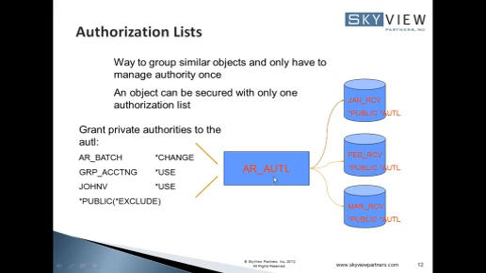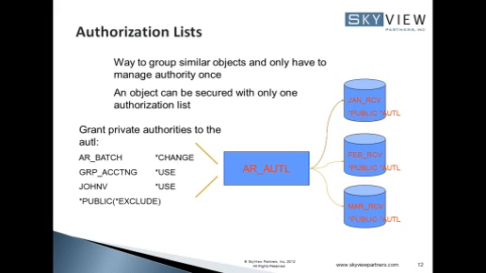So by virtue of having the March receivables file be secured with this AR authorization list, John V. has used authority to not just the March receivables, but also to February, January, and now April, May, and June.